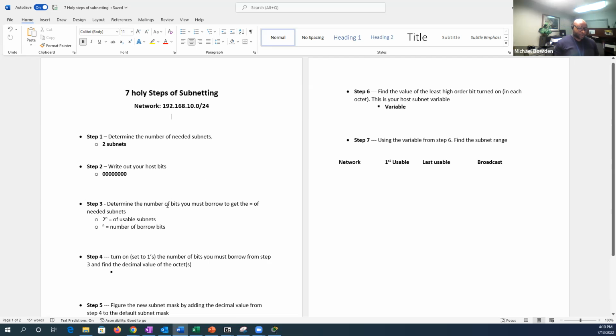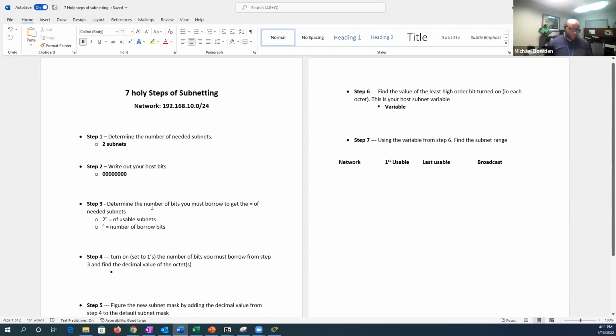Then it says you're going to determine the number of bits you must borrow to get the needed number of subnets. The equation we use here is 2 to the power of n equals your usable subnets, where n is your number of borrowed bits. We said we needed 2 subnets.